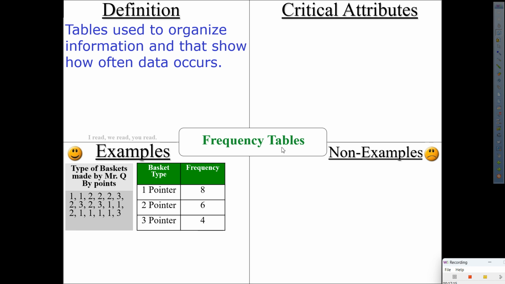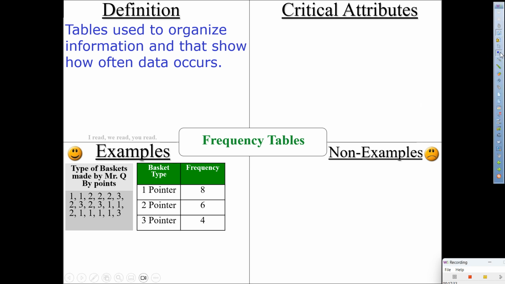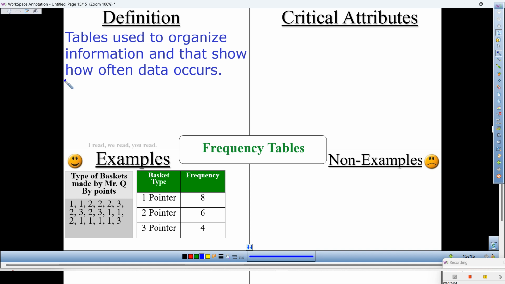So do me a favor underneath on your definition, look up, underline where it says how often, and use this symbol. Tell your neighbor what that stands for. Frequency, that is correct. I'm going to be using that in shorthand once we get going. Okay? Once again, how often means frequency.